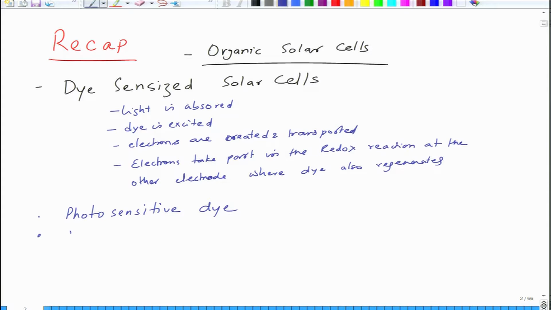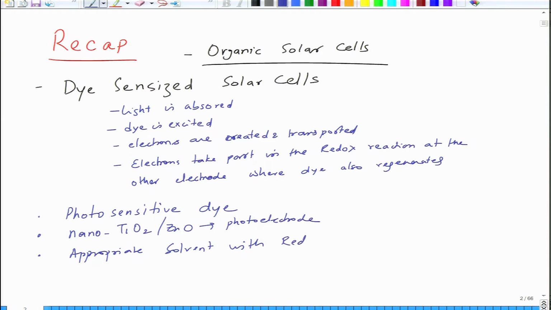And then we need to have nano TiO2 or ZnO, which is a photoelectrode through which electrons are transported, and the morphology is very important, so that you have maximum interfacial area with the dye. Then we need to have appropriate solvent with redox ions. Generally we have this I3 minus, I minus redox couple, but we may have some other ions as well.